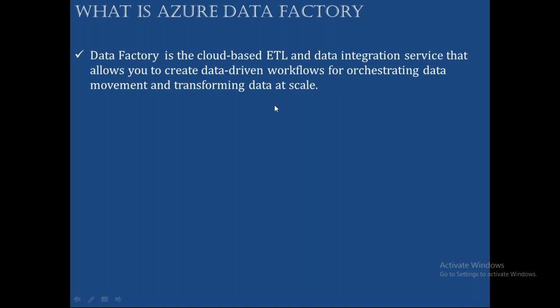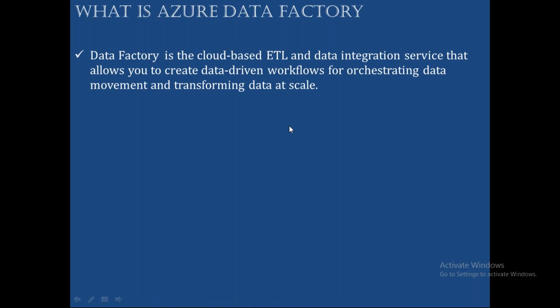Orchestrating data movement means you are organizing the data movement. What data we need to pull first, and what data we need to pull next, because there will sometimes be a dependency. So the first table you need to copy first, the second table you copy second. Sometimes there won't be any dependency. In that case, you can copy these two tables parallelly into the cloud.